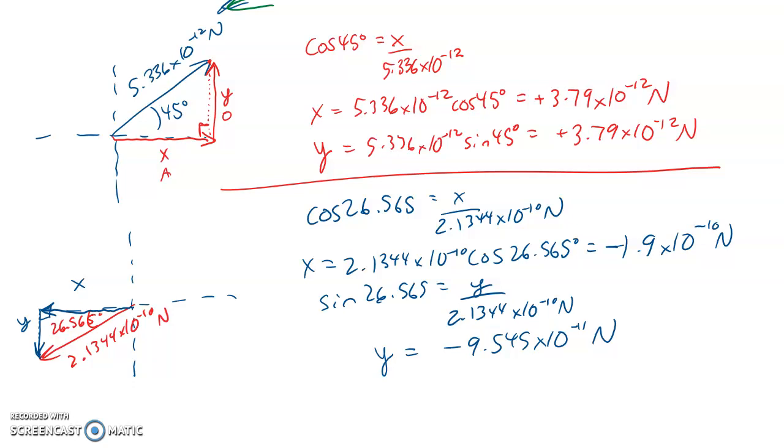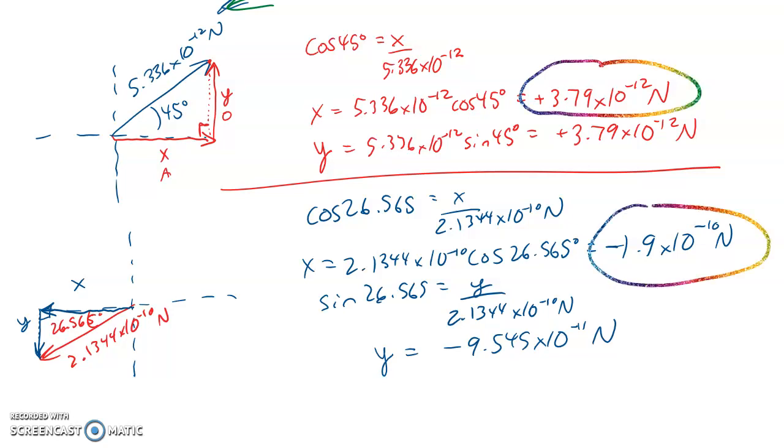So now what we need to do is take the two x components, this x component and this x component, add them together to get a total x component. Then we're going to do the same thing with y components, this y component and that y component. Add them together to get a total y component.